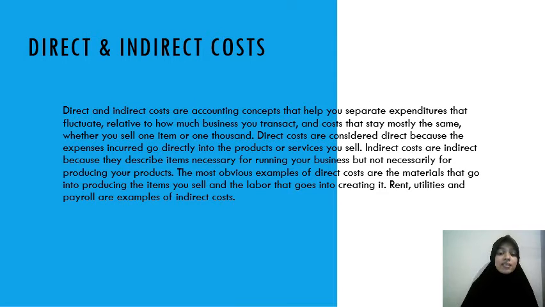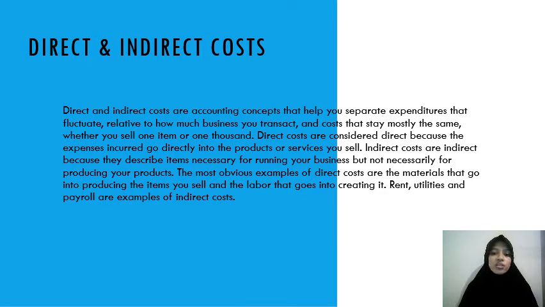And the next is direct and indirect costs. Direct and indirect costs are accounting concepts that help you separate the expenditure that fluctuate relative to how much business you transact and costs that stay mostly the same whether you sell one item or 1,000.